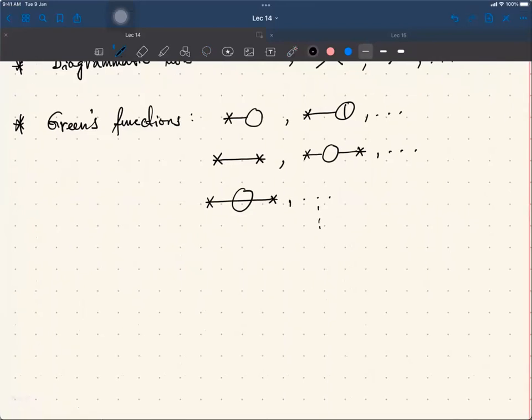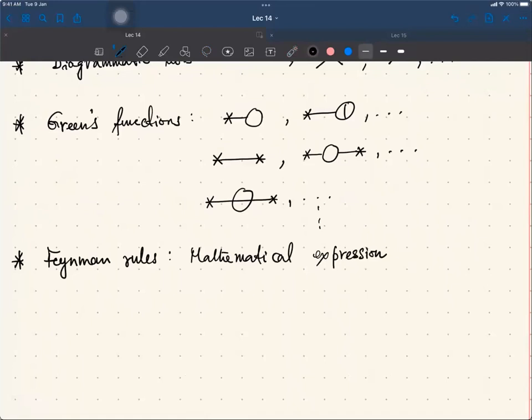And then you have Feynman rules. Feynman rules are a certain prescription which tells you how to write a mathematical expression corresponding to a particular diagram. So that provides a mathematical expression corresponding to such diagrams.